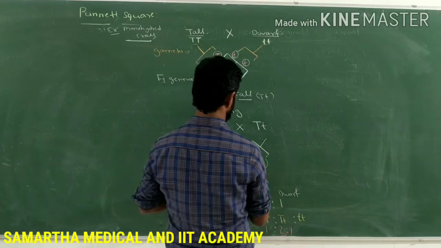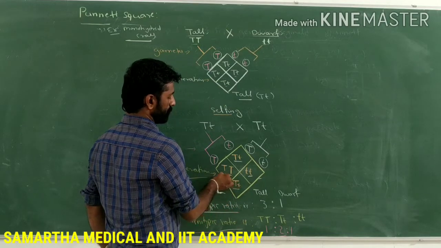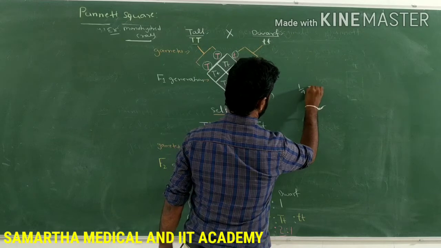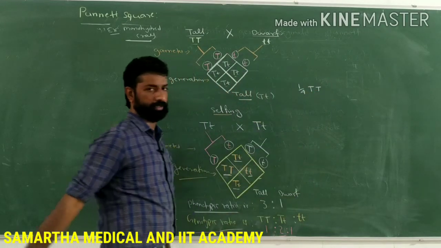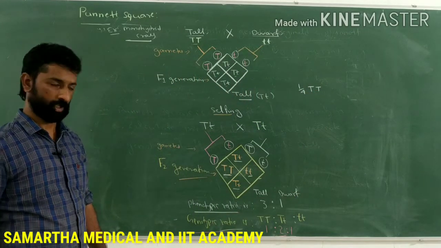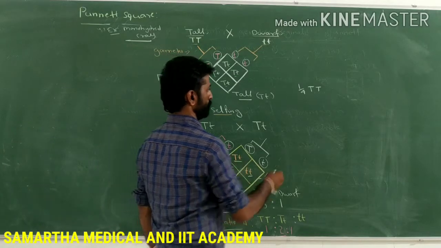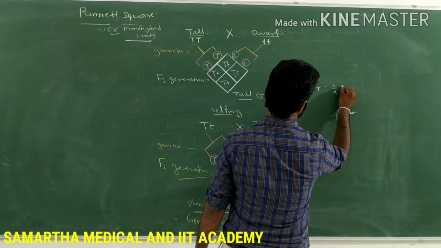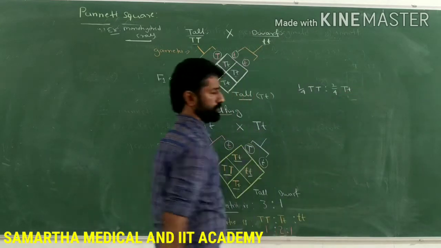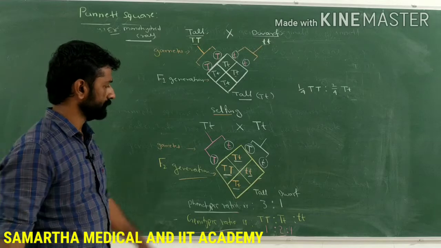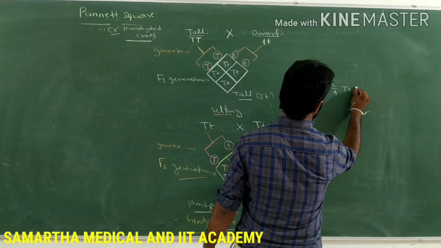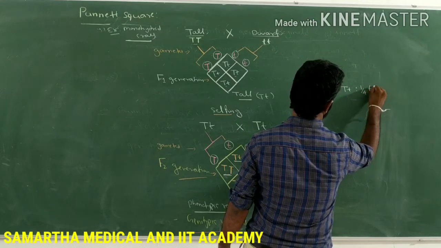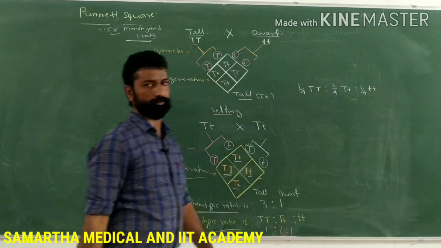Total 4 are produced. Among the 4, only 1 by 4 are found to be capital T capital T, that is homozygous tall, and 2 by 4 are found to be heterozygous tall, and 1 by 4 are found to be homozygous dwarf.